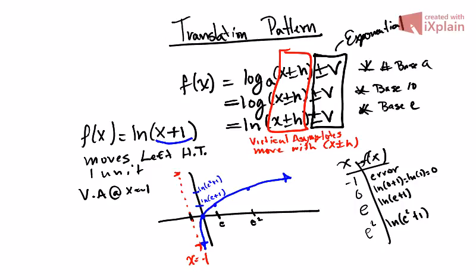What matters for the vertical asymptote is that vertical asymptotes move with whatever happens horizontally, so I have to look at what's inside the parentheses. So that is a translation pattern and a translation example for the natural log of x plus 1.